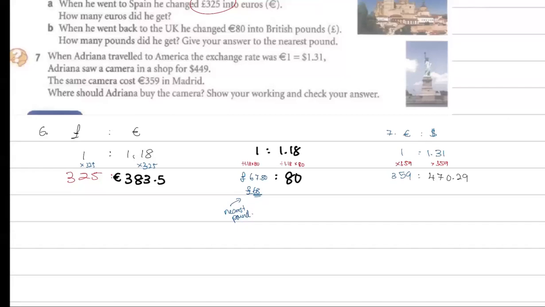So which one is cheaper? The one in America. Okay, it is actually $21.29 cheaper.